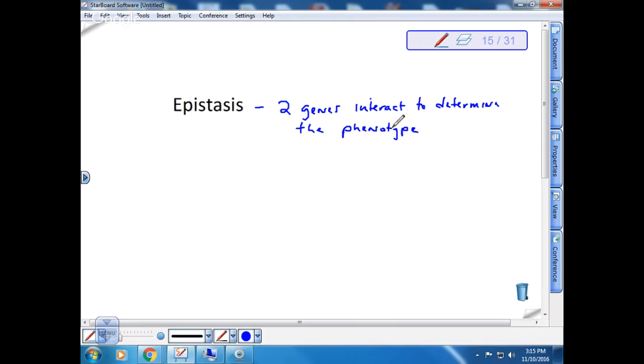Okay. So if 2 genes interact, then we have to look at the inheritance of both of them to determine one phenotype. Okay, that's totally different than what Mendel did in his experiments, right?